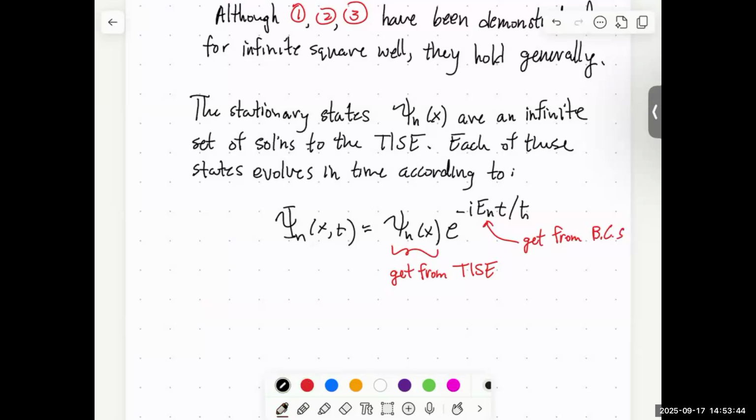All right. So what we would need to do to get the most general solution to the full original time-dependent Schrodinger equation, which was the axiom of our quantum mechanics, is we need to just take a superposition of all of these.